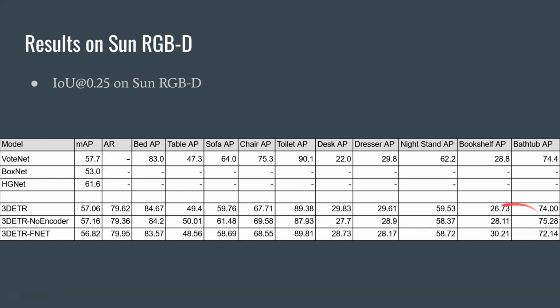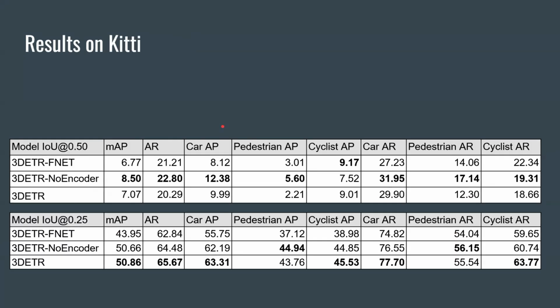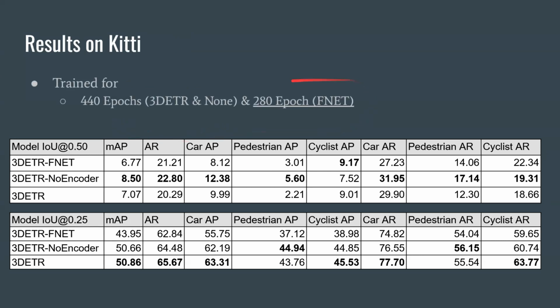And this is true for all of these different classes. On KITTI, again, this is where FNet was trained for 160 fewer epochs. However, we can see that the performance is actually still fairly comparable, and it would likely share the same results that we saw previously. And even though it was trained for 160 fewer epochs, we still see some good results with cyclists.